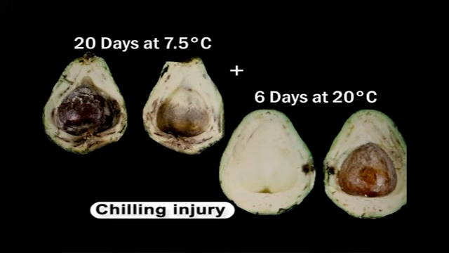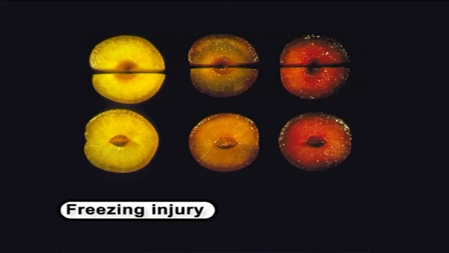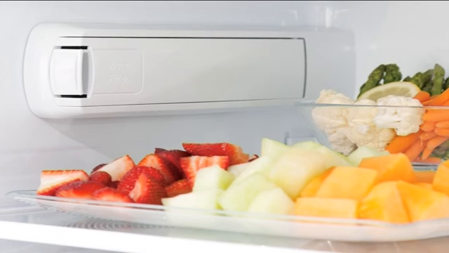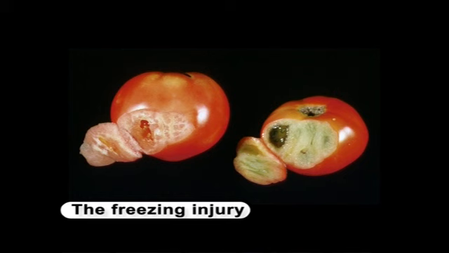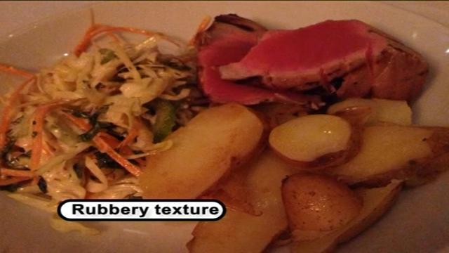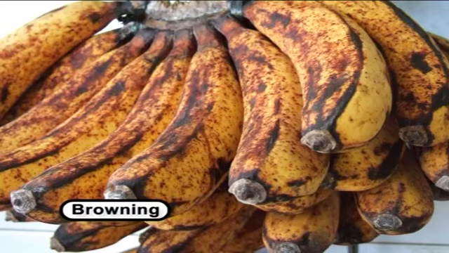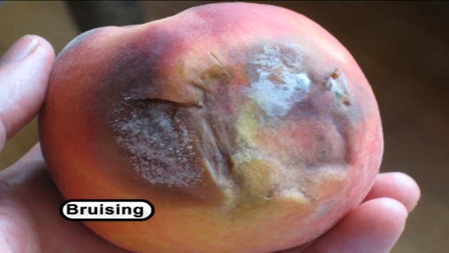Chilling injury differs from freezing injury, which is caused by prolonged exposure of the fruits and vegetables to sub-freezing temperatures and thus the actual freezing of the affected areas. The freezing injury is characterized by rubbery texture, browning, bruising, and drying due to rapid moisture loss.